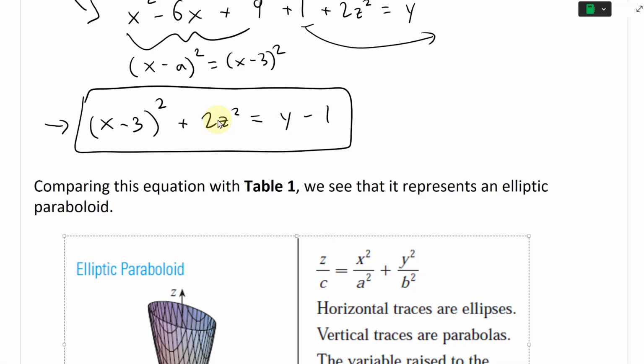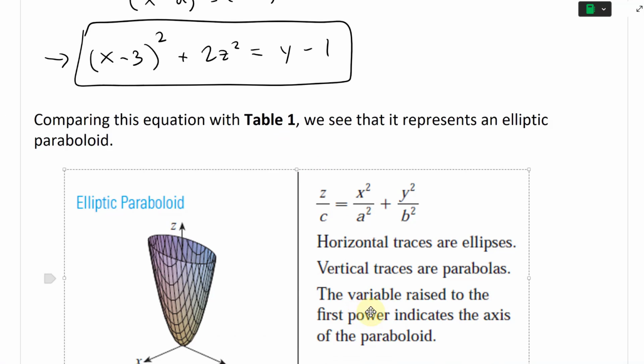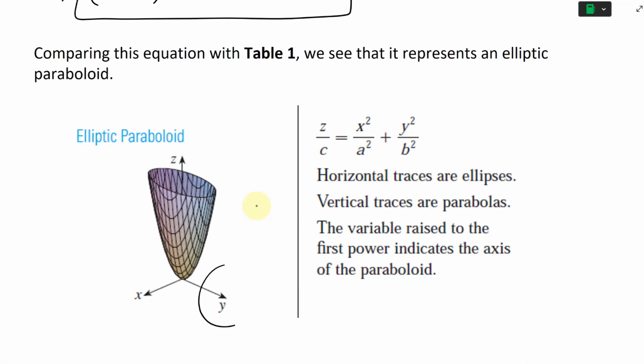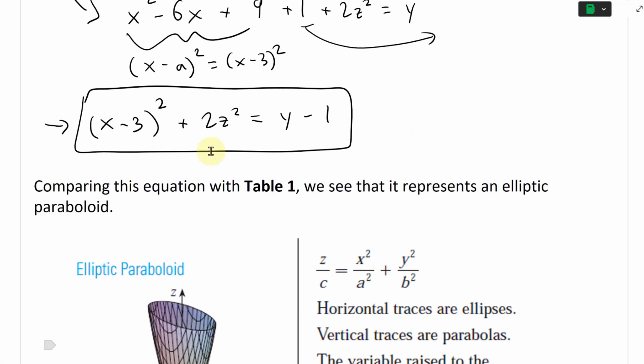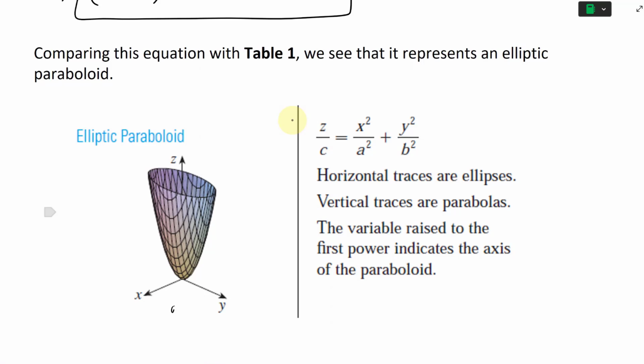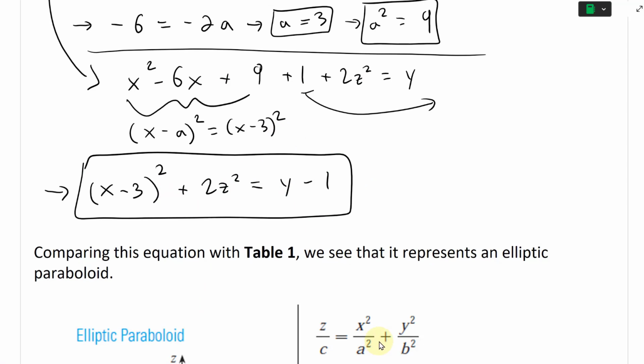The only difference is instead of y squared, we'll have z squared, and then the y is there. And then right here, we were told the variable rate. The first part indicates the axis of the paraboloid. So this one's going to be along this axis here. But also, this is shifted because we have this negative 3 there, and also y minus 1 is going to be shifted somewhere across here. And we'll illustrate that.